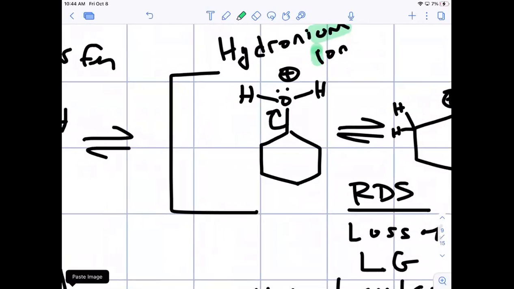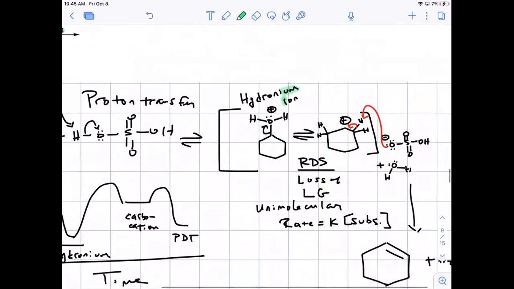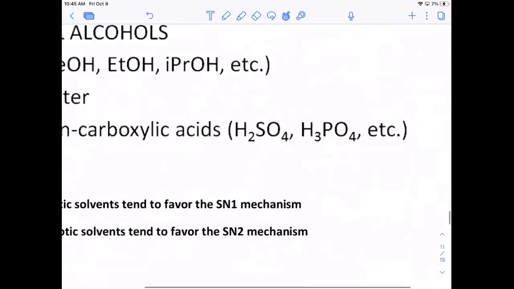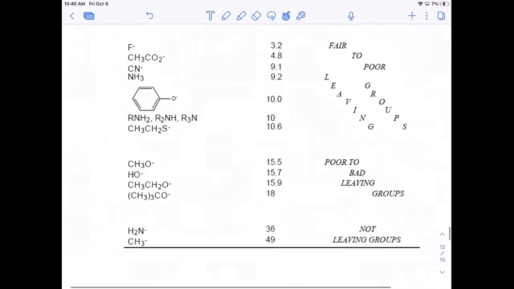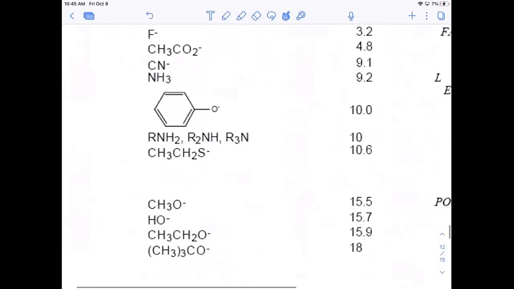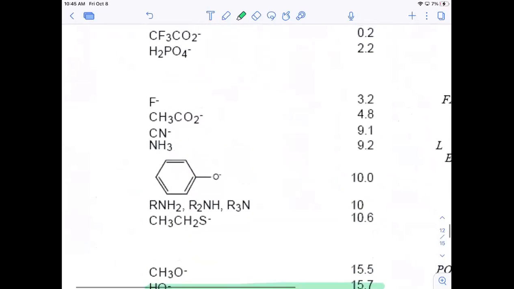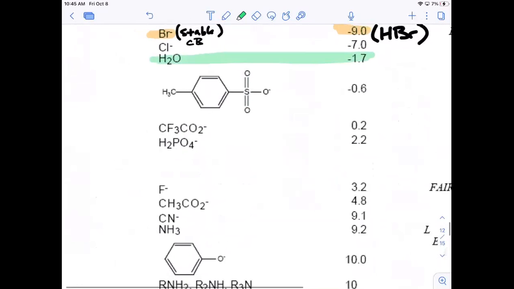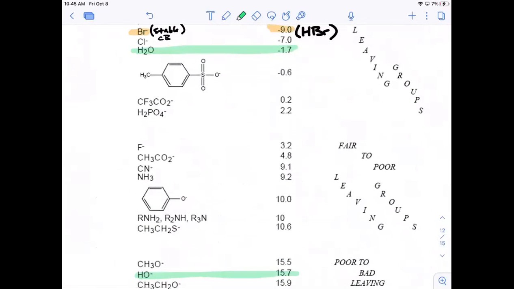group. If we look at the chart for leaving groups, let me zoom out and find the chart. Right, you can see right here, OH, where is it? When you compare OH to water itself, big difference. You see that? Huge difference.